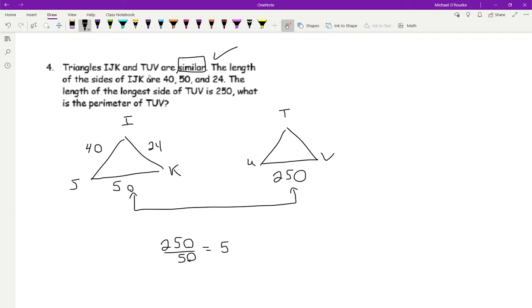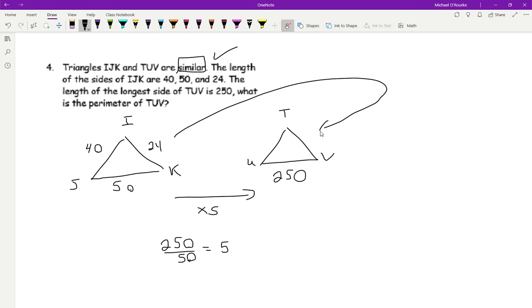So going this way, I'm going to erase these things right here. Going this way, we're going to multiply by 5. So to get this one here, what would be the number I multiply to get this side over here? I times by 5, right? 24 times 5 is going to equal that number. 24 times 5 is 120.